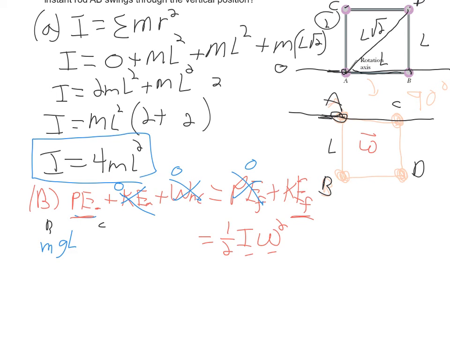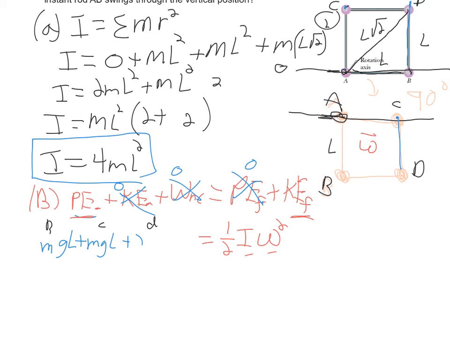Then we can look at C. Mass C starts up here, a distance L above that line, and ends on that line, so it too moved a distance L. So you have mgL for C. And then lastly we have D. If you notice, it started a distance L above and moved to a distance L below, so it actually moved a distance of 2L.